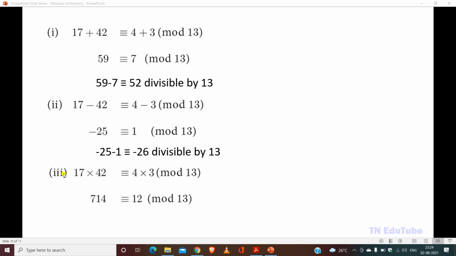Then the third one, 17 into 42 is congruent to 4 into 3. 17 into 42 is 714, which is congruent to 12, since 4 threes are 12. While subtracting, what do you get? 702. It is divisible by 13. These are the examples for this theorem.